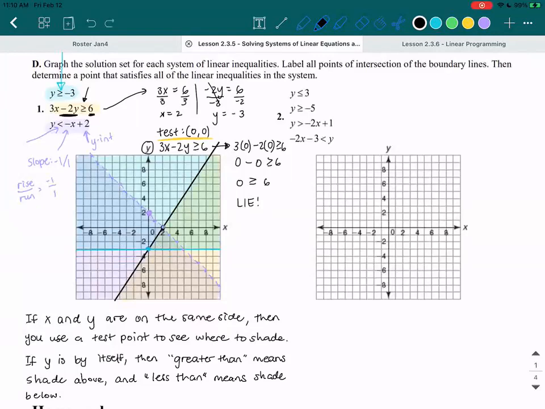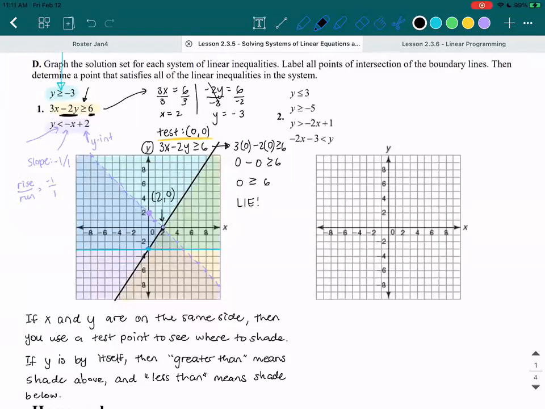So the instructions said to graph the solution set for each system of linear inequalities. We did that. We now need to label all points of intersection of the boundary lines. Okay, let's do that one, and I'm going to write our boundary line intersections in black. So where do our lines intersect? Well, we have a point over here where the purple and the black line cross over, and that is 2, 0.